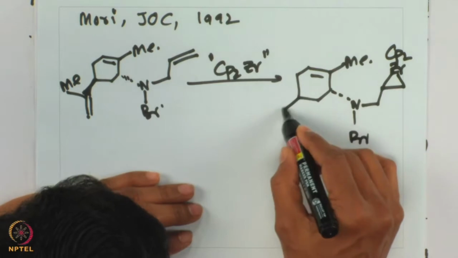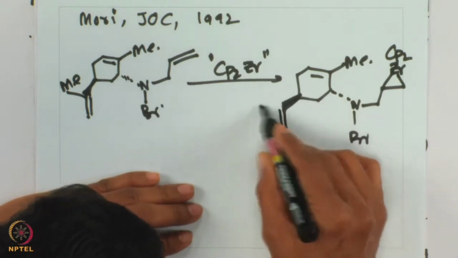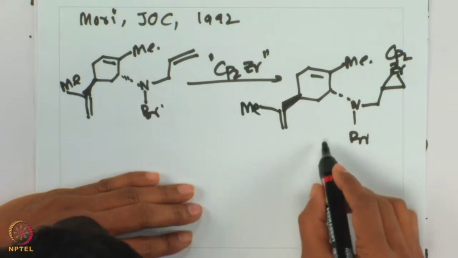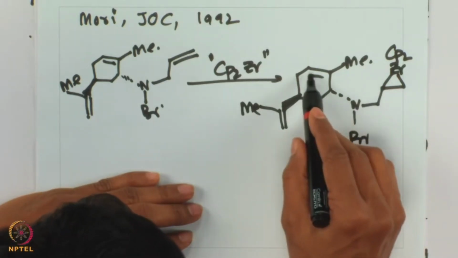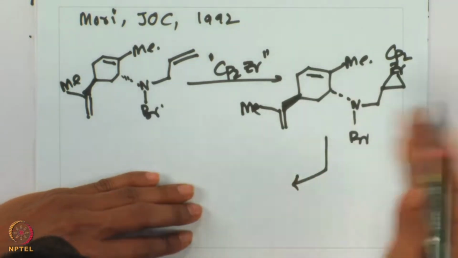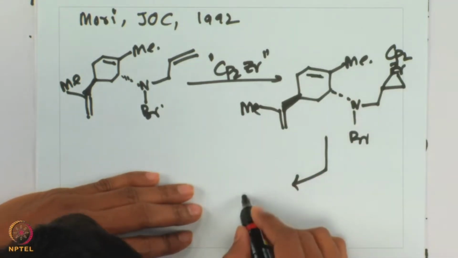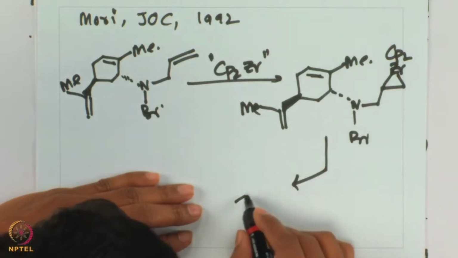Other things are remaining intact without any problem, and from there on what we get is the attack or participation of this olefin with this cyclopropene ring overall to give a very interesting intermediate that would lead to dendrobine synthesis.